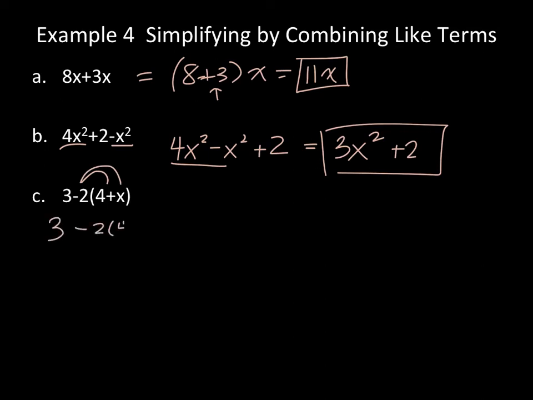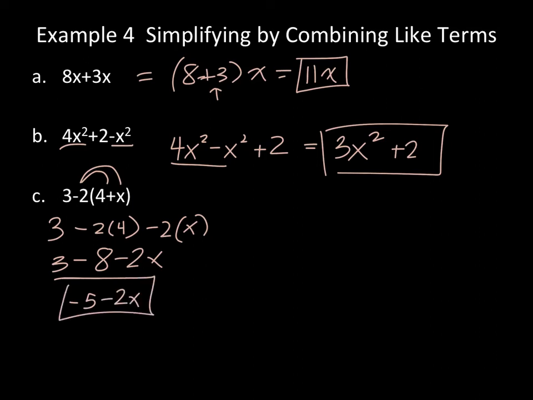I have negative 2 times 4. You can either put plus negative 2 times x, or you can just put minus 2 times x. We're left with 3 minus 8 minus 2x. Simplifying, 3 minus 8 is going to be negative 5 minus 2x. And this has no grouping symbols, no like terms.